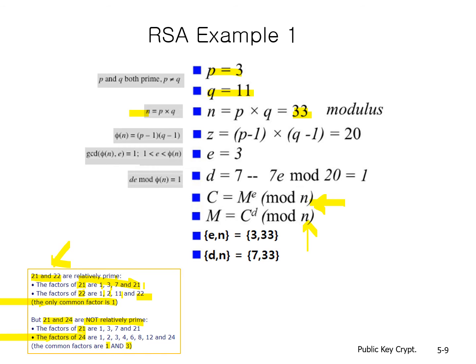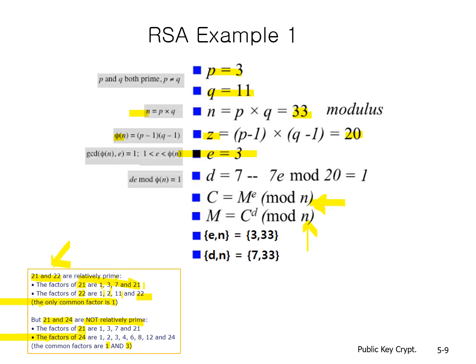And calculate phi, P minus 1 times Q minus 1, which is 20. Then we can select E as 3 because 20 and 3 have no common factor.